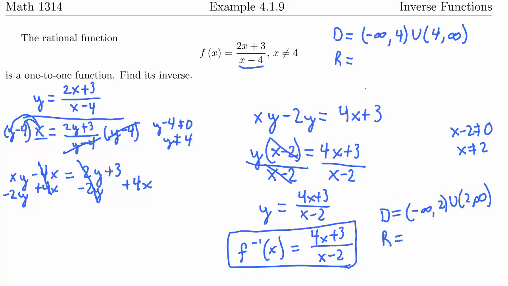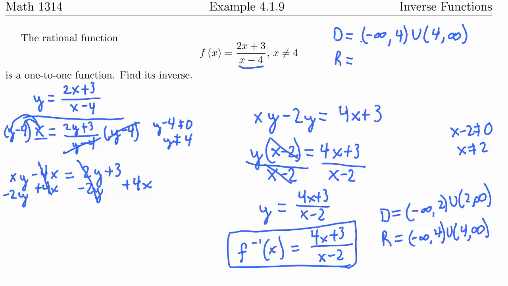Now, what's great about this is because the x's became y and the y's became x, I know that this domain will have to become the range for my inverse function. So my range for my inverse function is actually negative infinity to 4 union 4 to infinity, because the x's from the original function became the y's for the inverse function.